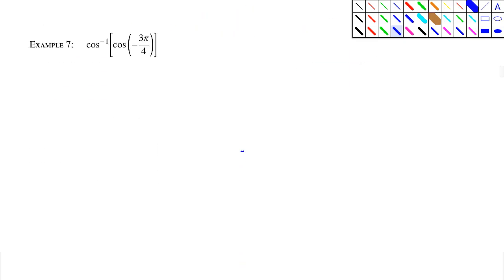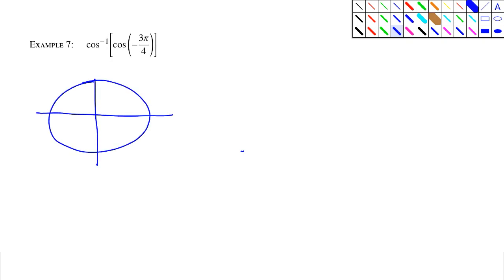Example 7. What is the arc cosine of the cosine of negative 3 pi over 4? Let's draw the unit circle. Draw the angle. Negative 3 pi over 4 is right here. This point is in quadrant 3. We're not allowed to use quadrant 3 for cosine. So we're going to go ahead and go up using a vertical line to this point.